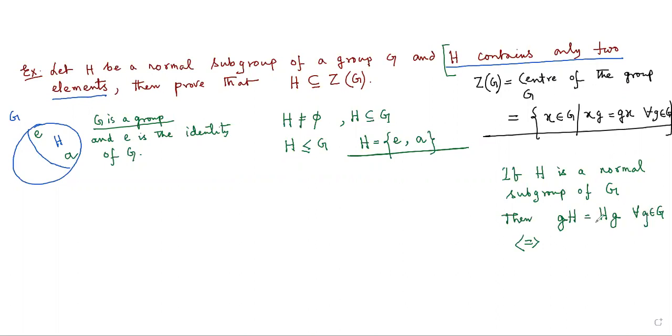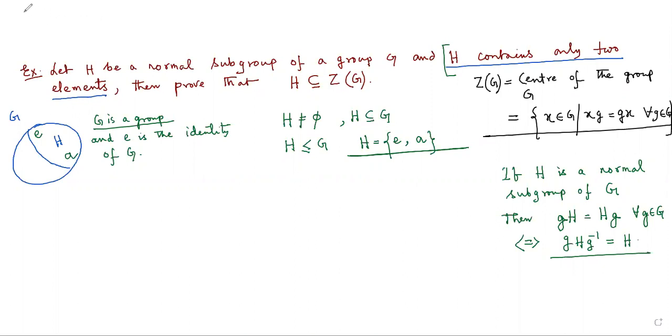So the definition was like this, and another form of the definition is as follows: if H is a normal subgroup, then gHg inverse is equal to H. Now we want to show that H is a subset of the center of the group.